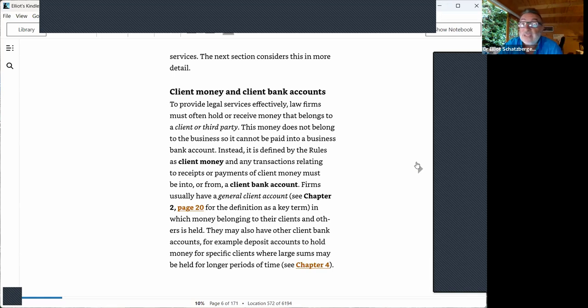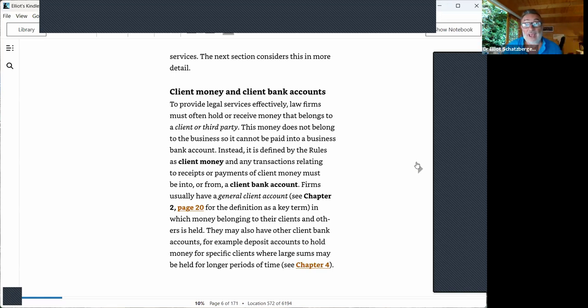Again, the other one is where you are holding money for a specific client, and they have asked you specifically to open up a separate designated account. Then they'll have their own account. That's mainly where there's a lot of money coming in from them and they want interest. So therefore, putting it into their own account, you're going to know exactly what interest to pay them.